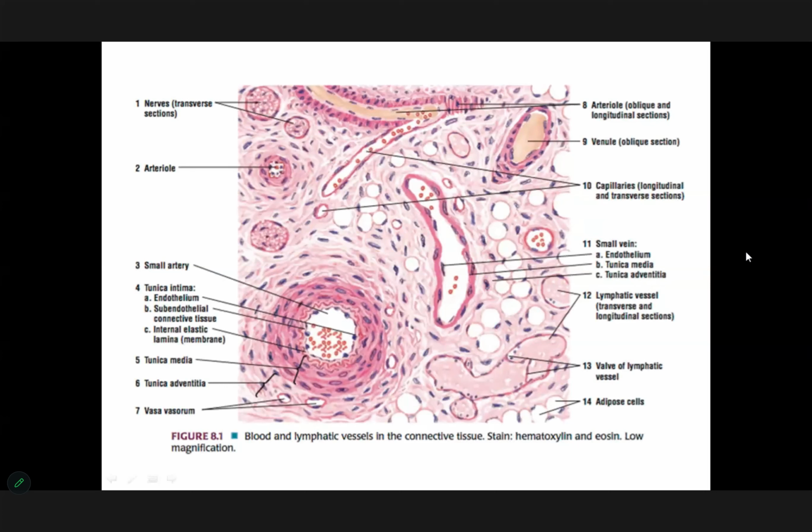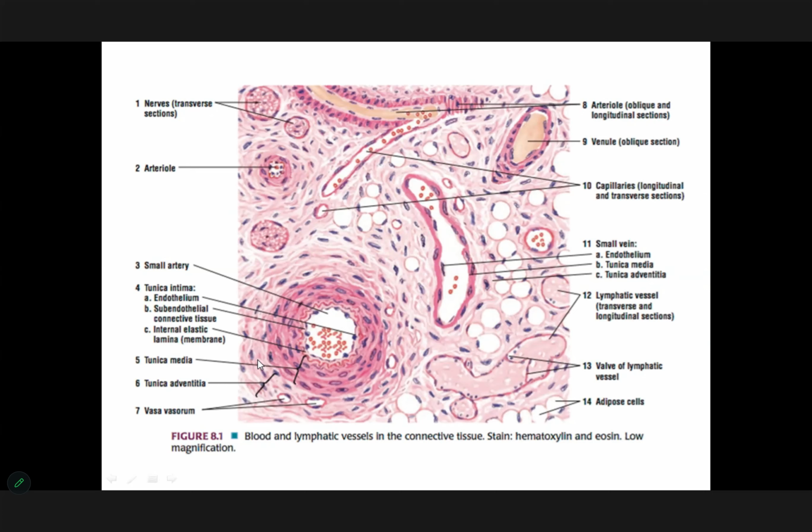This is how different blood vessels look on the sections. This is the cross-section of the artery with thick wall and wavy inner surface. This is the section of the vein, thin wall, smooth inner surface. And here are some examples of small blood vessels of the microcirculatory bed.